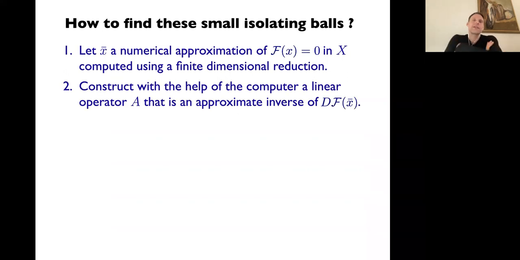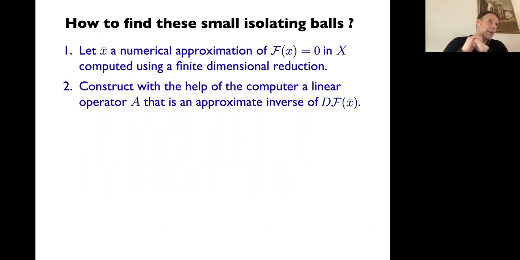And once we have this, the goal is to try to prove that close to the numerical solution, there is a true solution by applying a contraction mapping theorem close to the numerical solution. And the contraction mapping theorem is often nicely verified by a Newton operator. And a Newton operator, as we all know, requires computing, say, the inverse somehow of a derivative.